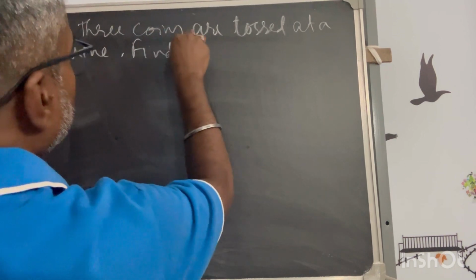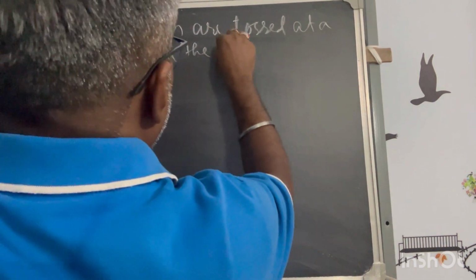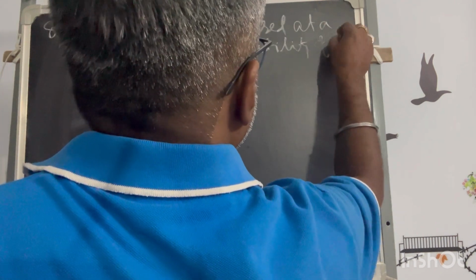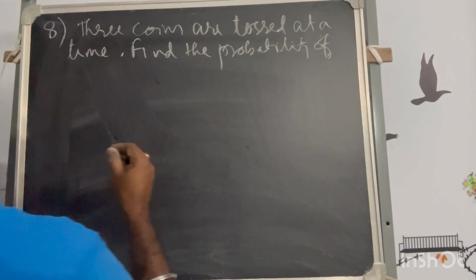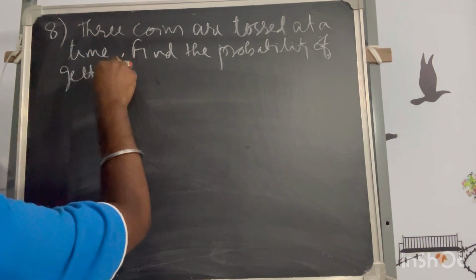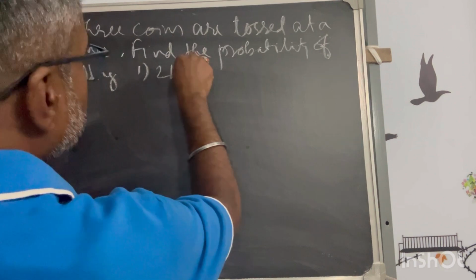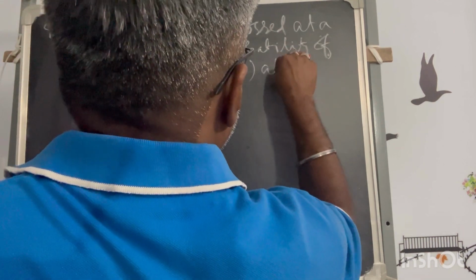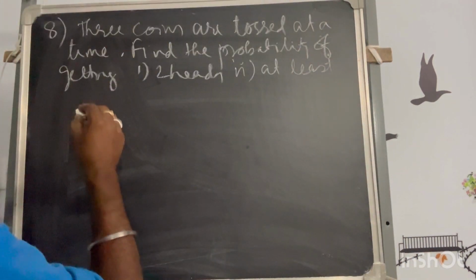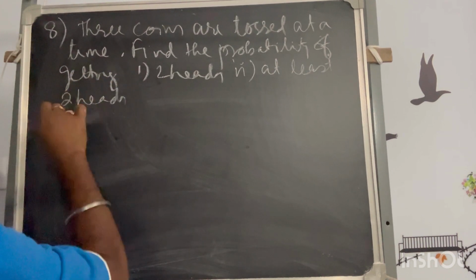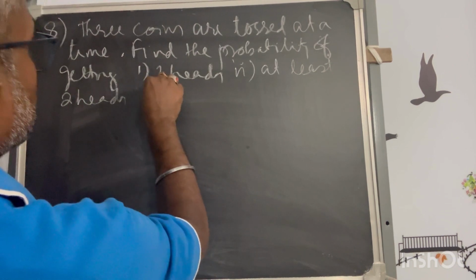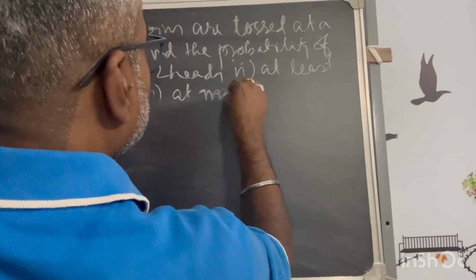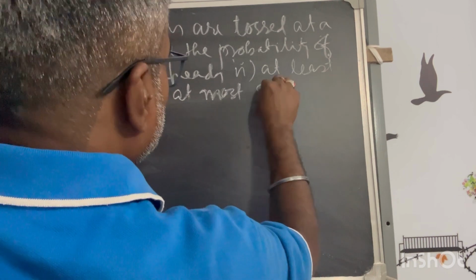Find the probability of getting one, exactly two heads, two, at least two heads, and three, at most two heads.